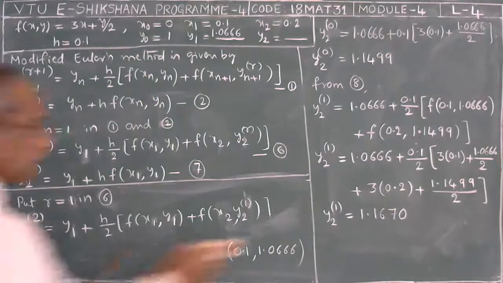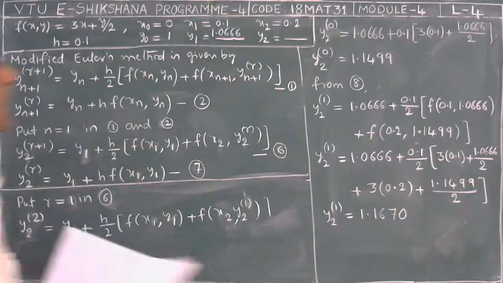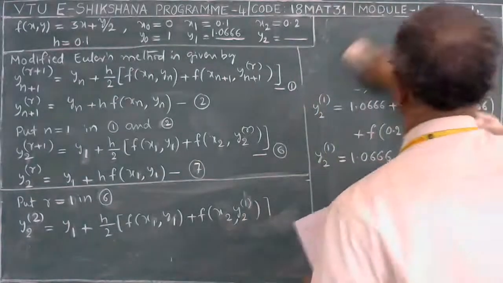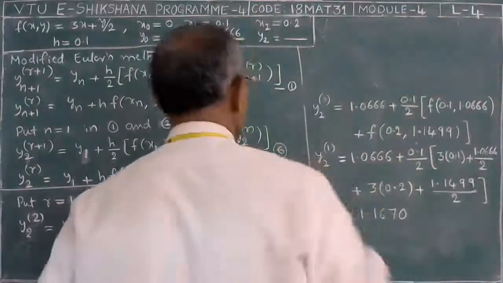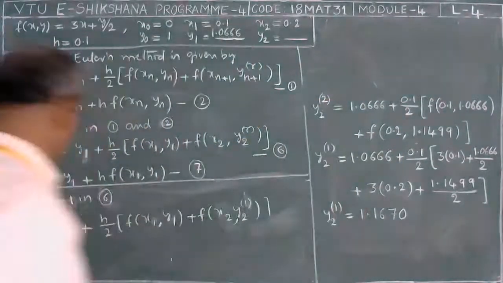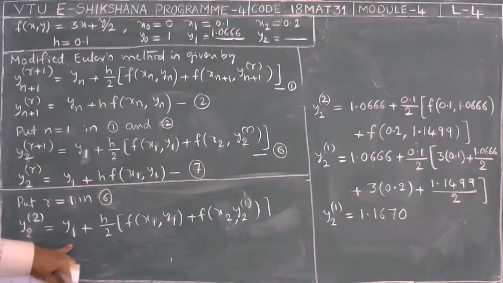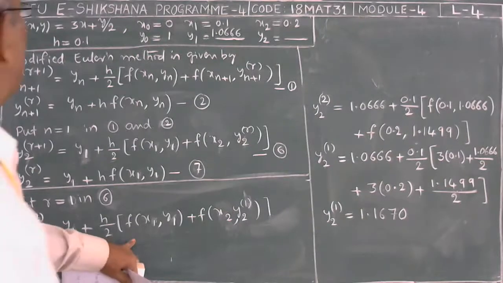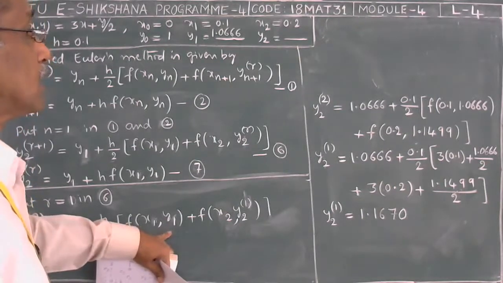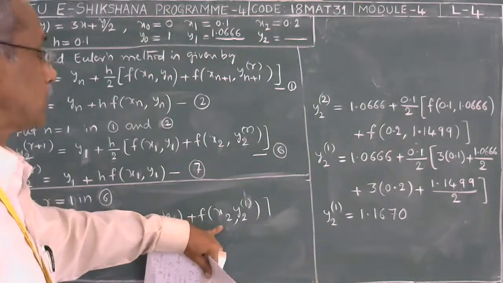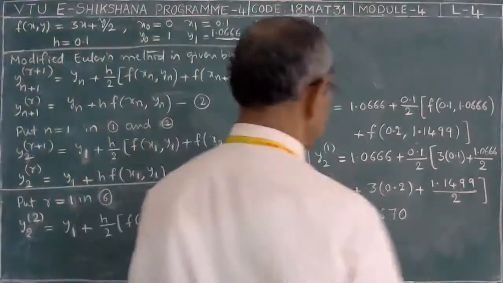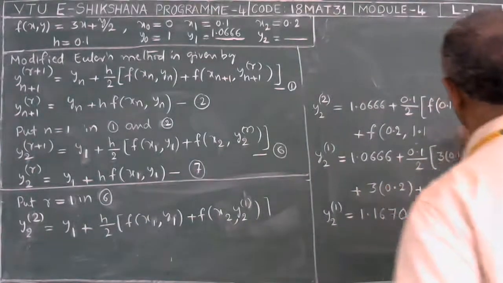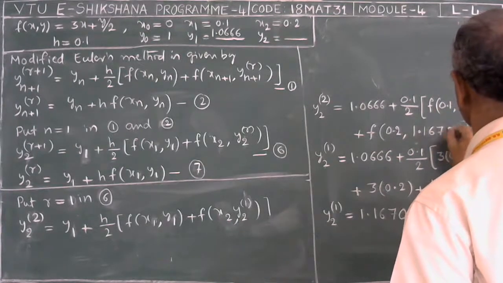Let me substitute the obtained value for y2 1 and then compute. y2 2 is equal to y1, 1.0666, plus h by 2, 0.1 by 2, into f of x1 comma y1, f of 0.1 comma 1.0666, plus f of x2, which is 0.2, comma y2 1, which is 1.1670.